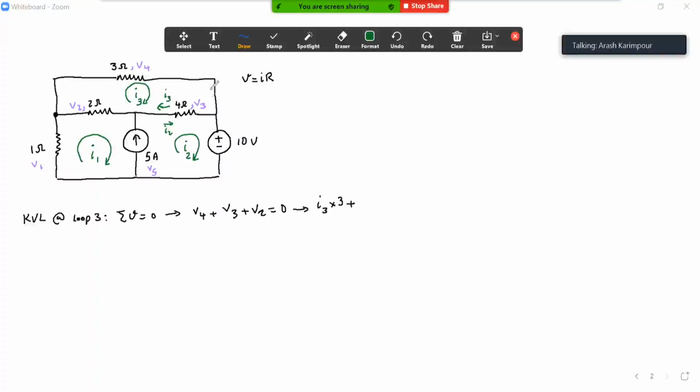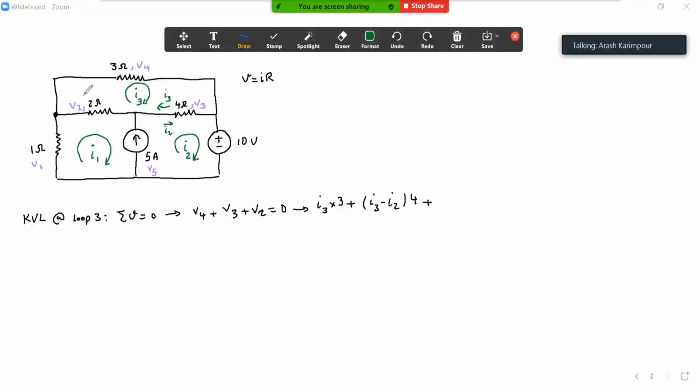So if I rotate this way, the current in this element is I3 minus I2, the inside current minus the outside current, times the resistance, times 4, then plus this one.